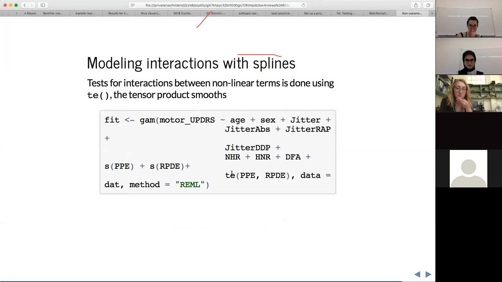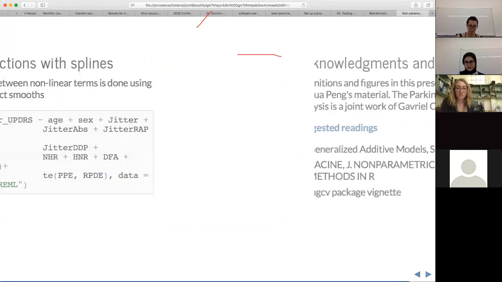And the way to specify that you are interested in testing whether two nonlinear terms interact is to include a term by te. So te bracket and then your two random variables. And of course you can change the likelihood estimation method that you're using. So that's a nice way of looking at the interaction between nonlinear terms and to see if the interactions are significant or not.